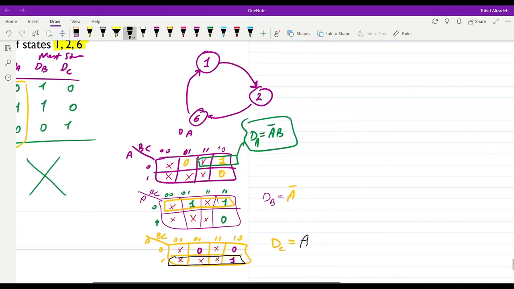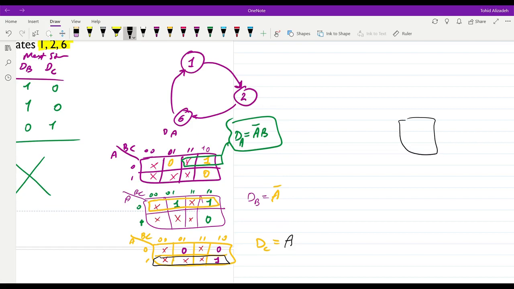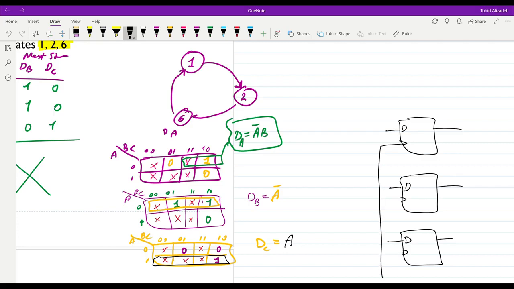Now we can start to draw the schematic for our counter. We are going to use D-type flip-flops. They all receive the clock pulse directly from the system. So this will give us QA, QB, and QC.